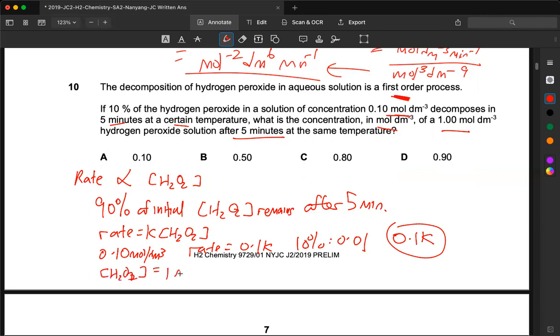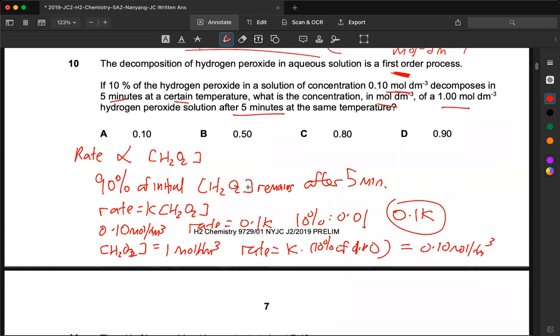When H2O2 is 1 mole per dm cube, the rate is equal to k times 1.0 mole, and 10% of that is 0.10 mole per dm cube.